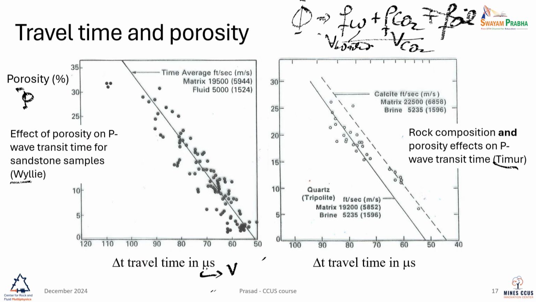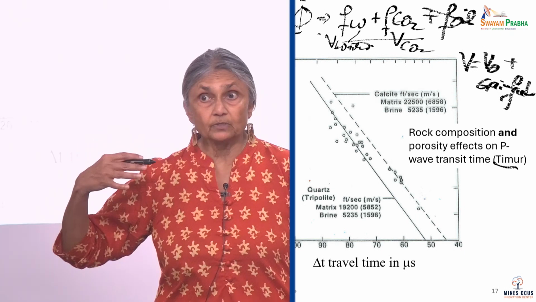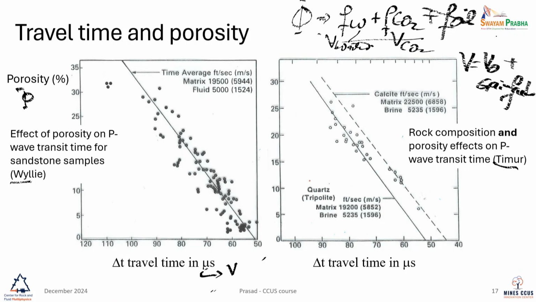So your velocity here becomes velocity V naught, which is without any fluids, plus some gain factor. Gain factor because without any fluids means it's full of air. Air has a lower velocity than most of the materials, right? So if this is full of air, any fluid that we put in will increase the velocity.